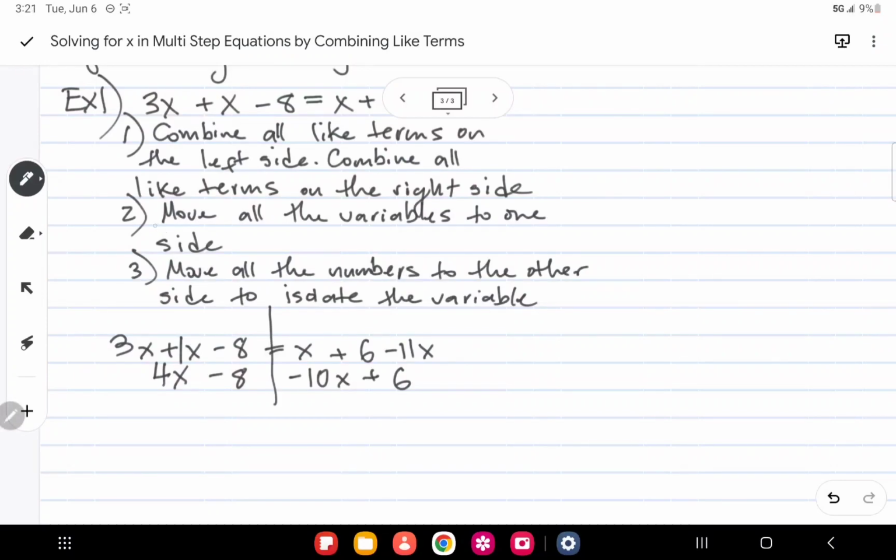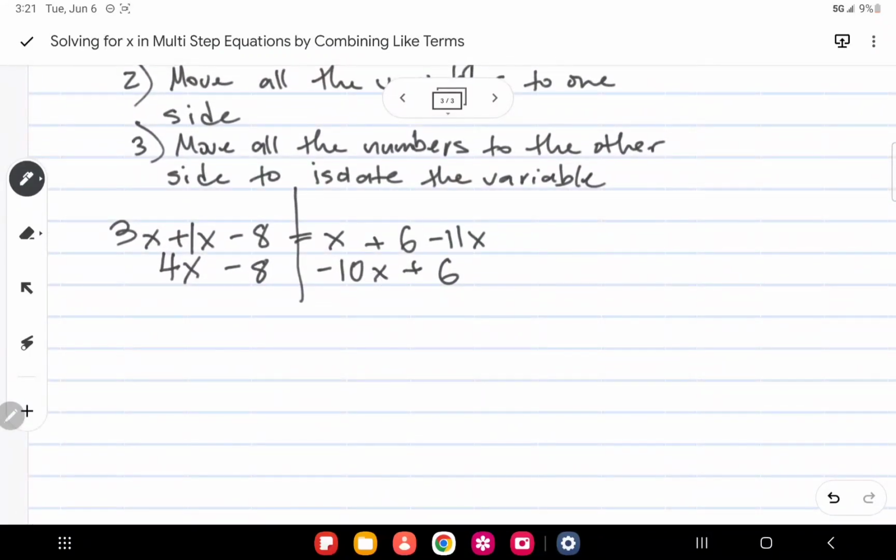Now you have probably encountered this before if you watched my previous video. And the next step is moving all the variables to one side. Now, obviously, there's some sort of preference on this. I personally like to move all the variables to the left side. So I'm going to move this negative 10x from the right side to the left side. So I will write down PEMDAS once again just to really ingrain that into our memory and really help us understand how to solve problems such as these.